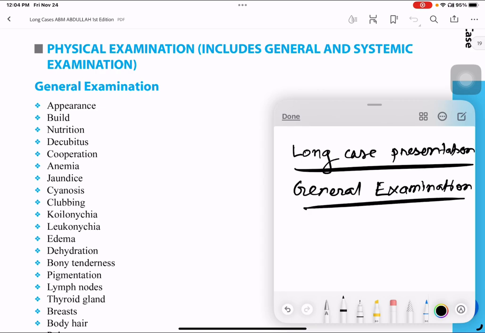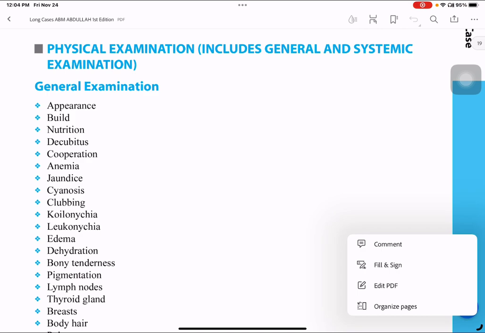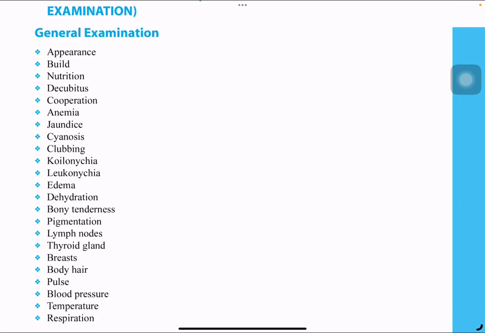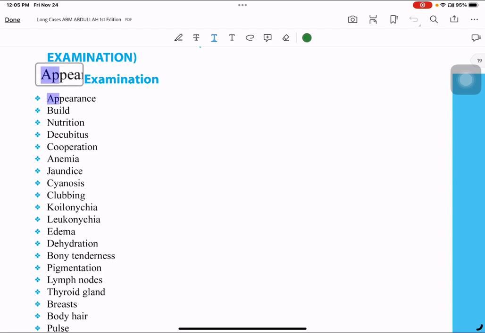During general examination, we look for appearance of the patient.